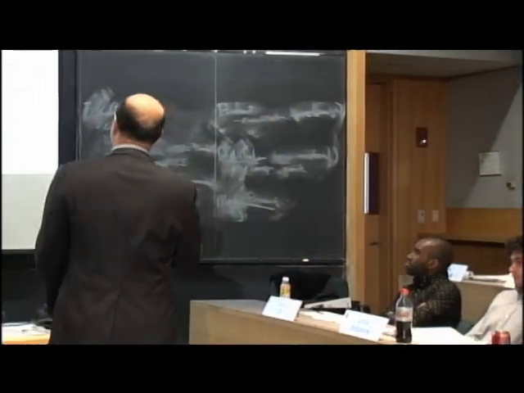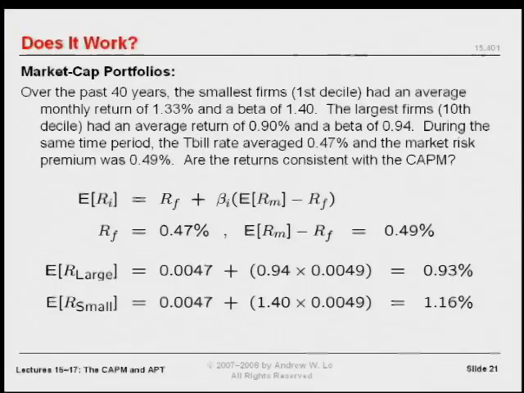So the expected return of the stock, according to the CAPM, is going to be given by the risk-free rate plus beta multiplied by the market risk premium. Over the sample period that I'm looking at, the market risk premium is about 0.5% per month, so roughly 6% a year. Okay? And the risk-free rate is also about 0.5% per month during this time period.